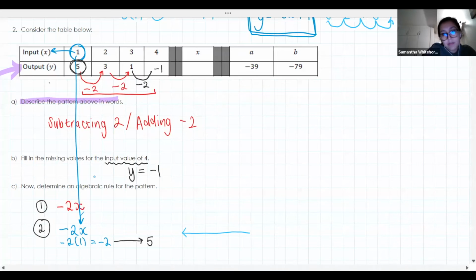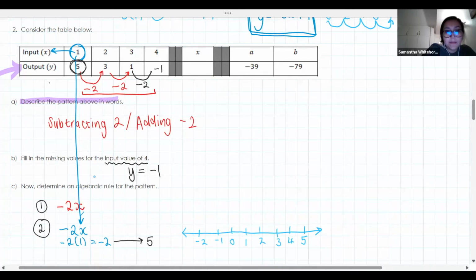If we think about our number line, we're at -2. We want to get to +5. So let's work up our number line and let's figure out what I need to add or subtract in order to get there. So at -2, I need to get to +5. So I'm going to add numbers. 1, 2, 3, 4, 5, 6, 7.